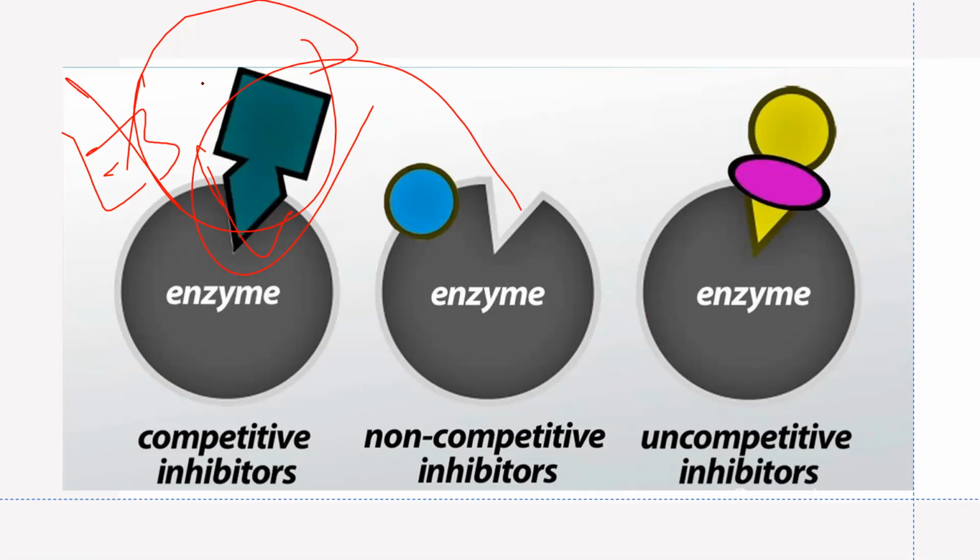How about uncompetitive inhibitors? The uncompetitive inhibitor allows the substrate to bind to the enzyme, but it sits on the surface of the ES complex.